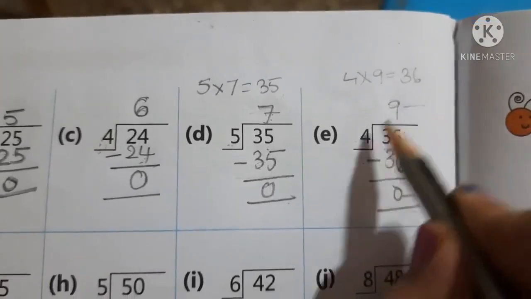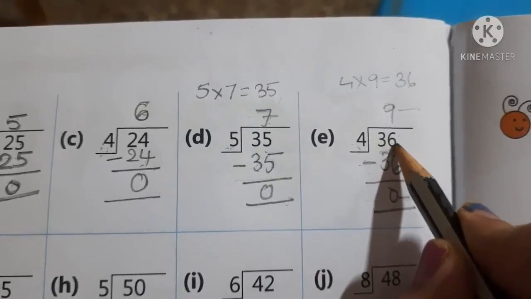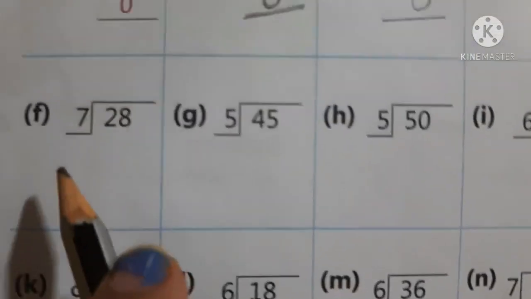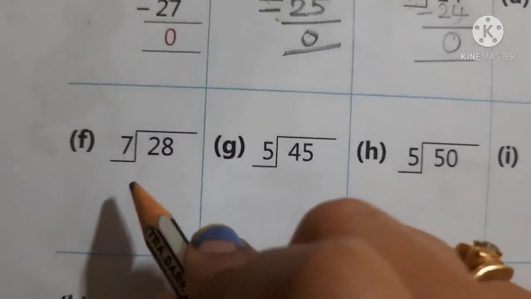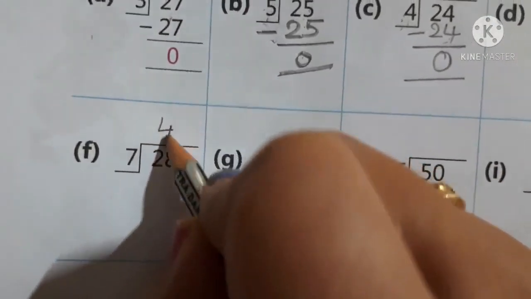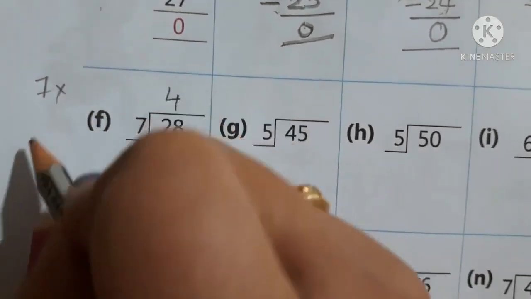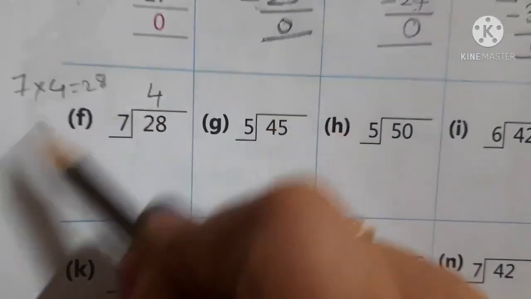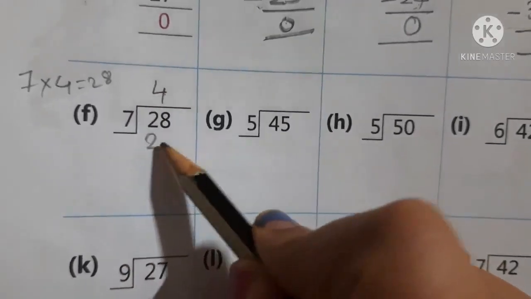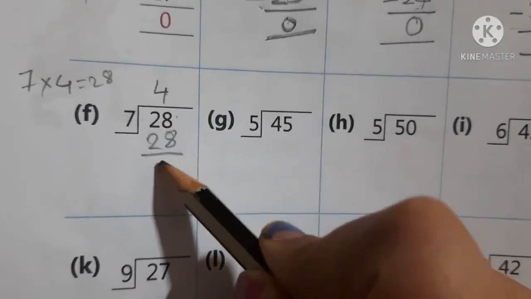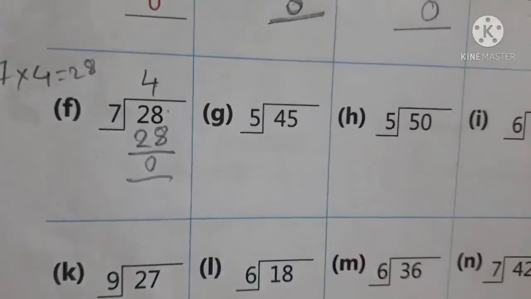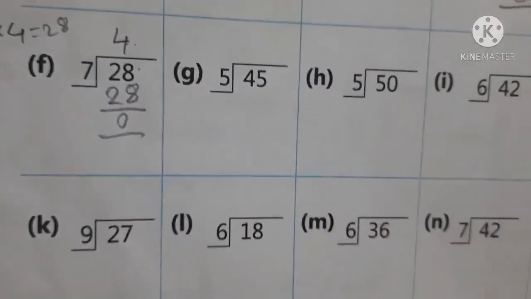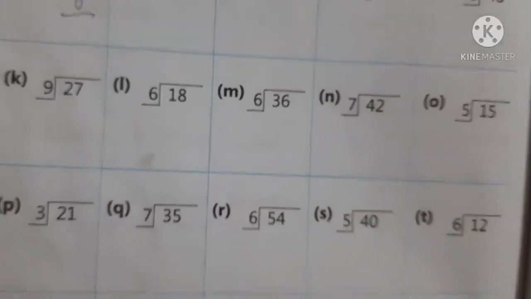Remainder, quotient, divisor and dividend. In the same way, let us take this one. 7 times 4 is 28. 28 minus 28 is 0. 4 is the answer, the quotient here. In the same way, complete the remaining problems.